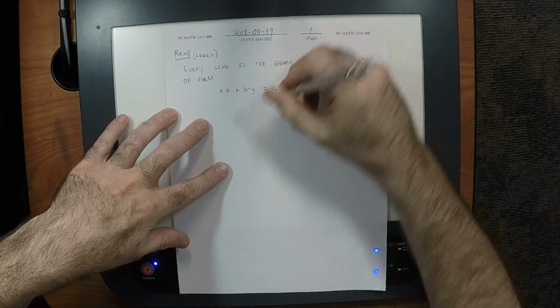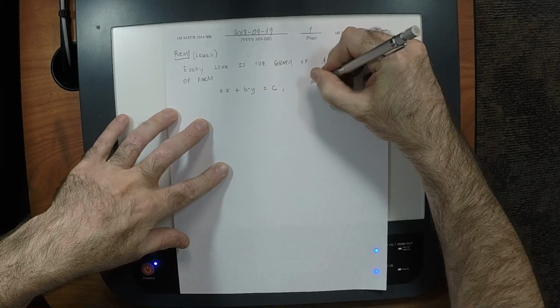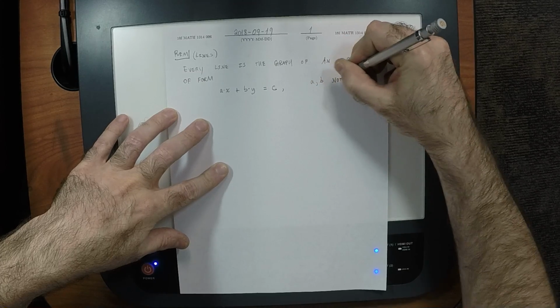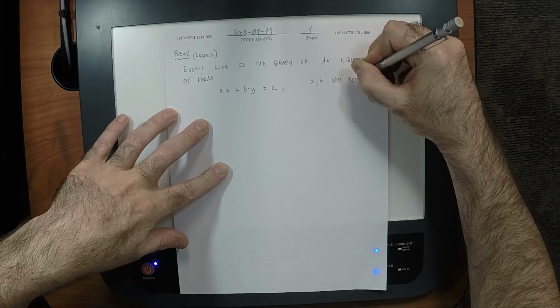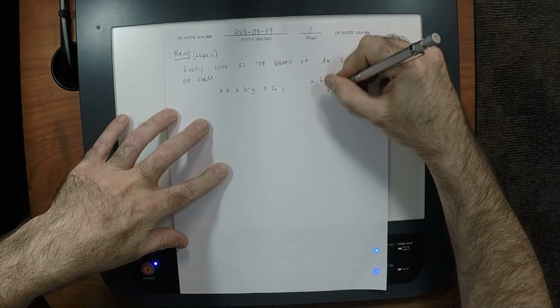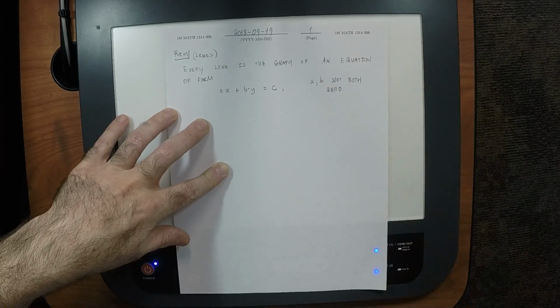And there's a condition on this: a and b are not both 0. Understand what that means.